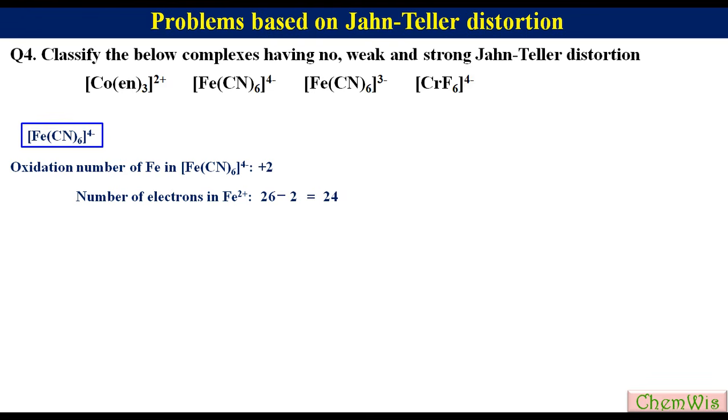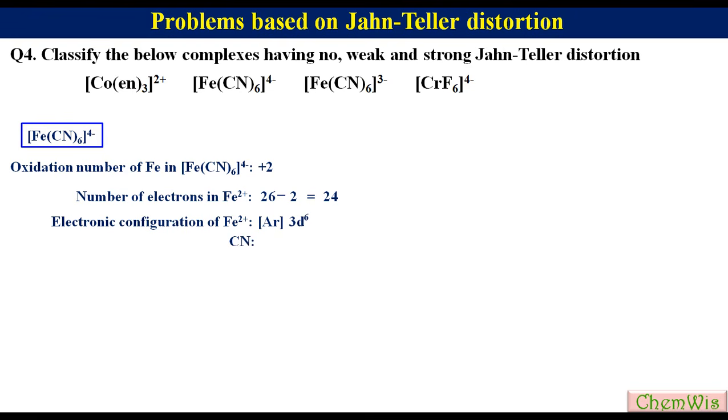To find the electronic configuration of Fe2+, write Ar 3d. Ar has 18 electrons, so the remaining number of electrons that will enter the d orbitals will be 24 minus 18, equal to 6. So this complex is a d6 complex.